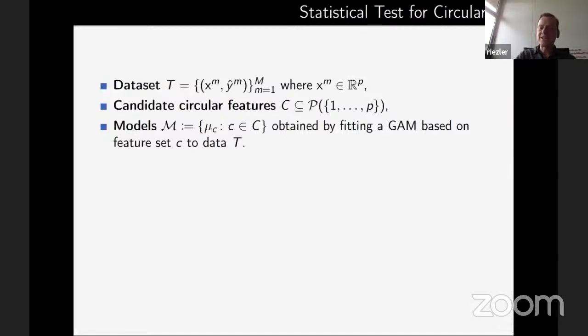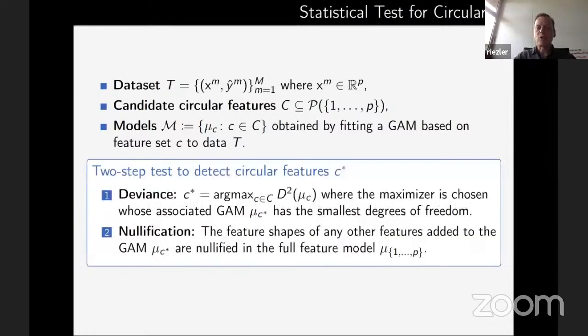So the test looks as follows. We have a data set of features and labels. We have a set of candidate circular features, so that are basically all the features that we use in our training, including the features that we know define the target. And then we train models, and the models we are training are generalized additive models, and we do the following test. We test first for deviance.